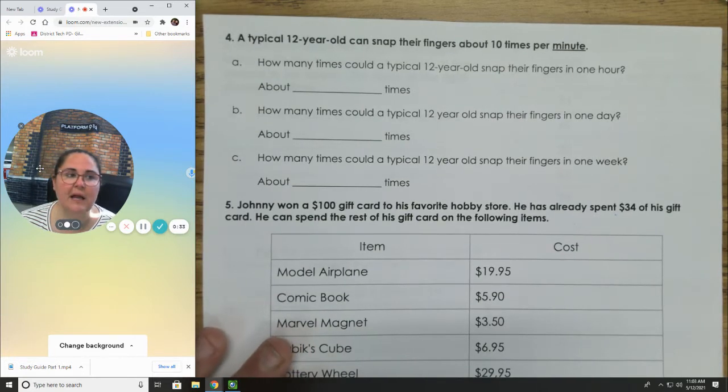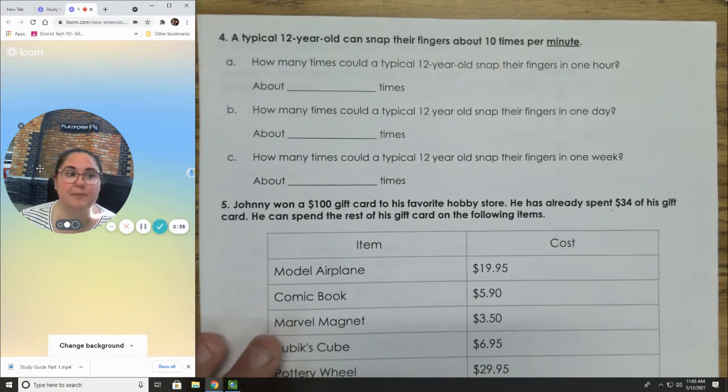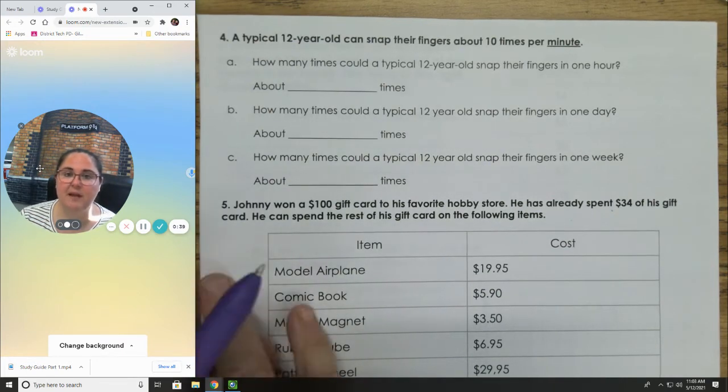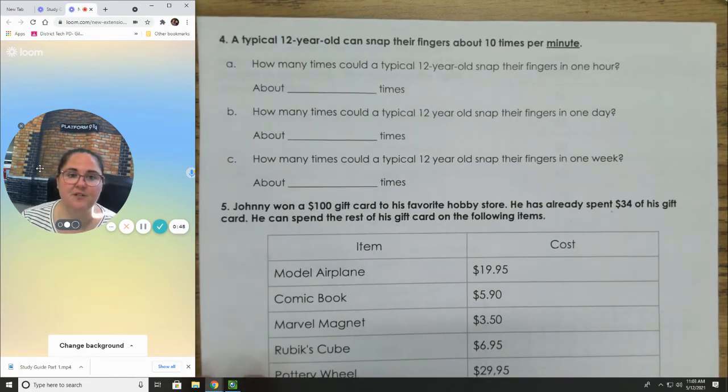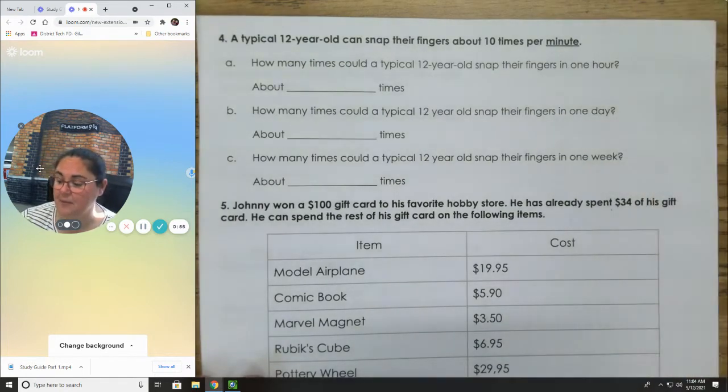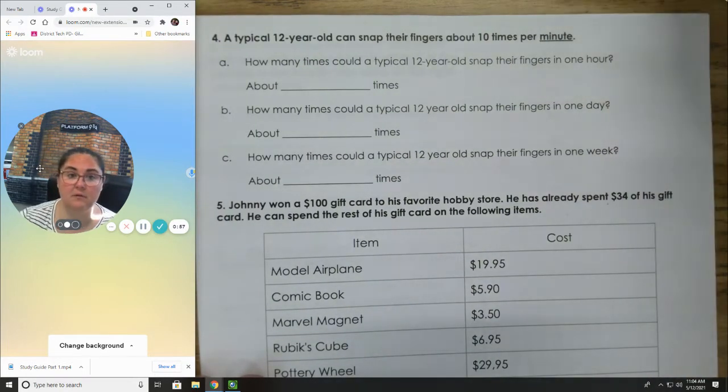So number 4 says, a typical 12-year-old can snap their fingers 10 times per minute, like that. So if they can snap their fingers 10 times per minute, how many times could a typical 12-year-old snap in 1 hour? Well, you need to figure out how many minutes are in 1 hour.